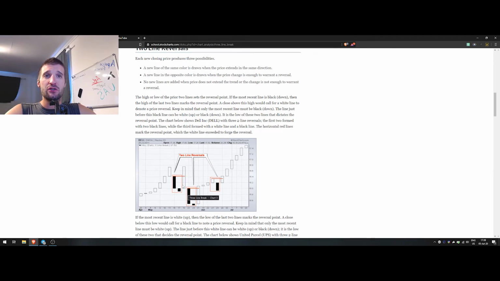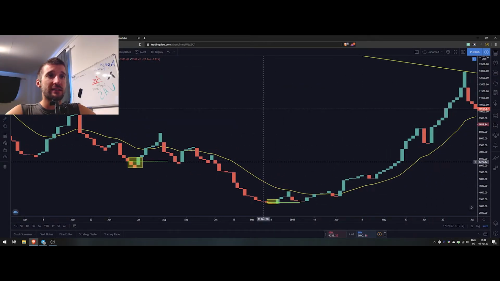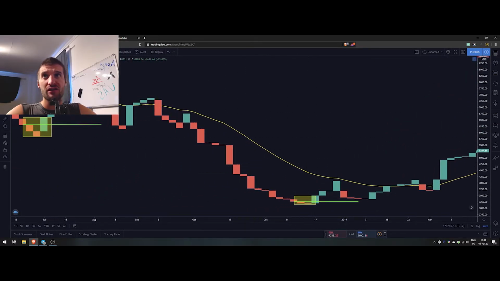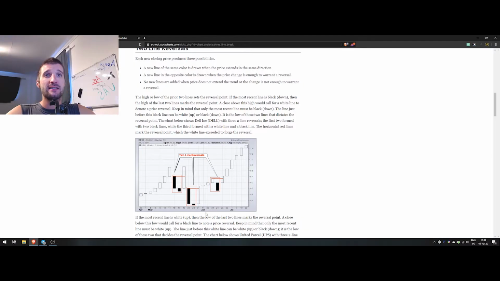So these first 2 candles over here have been broken with this big green candle. If we go further over here to December, when we actually bottomed out over here at $3,200, we can see the same thing. We have one green candle which actually broke both highs of those 2 candles, and that's already this middle situation over here of 2-line reversal.